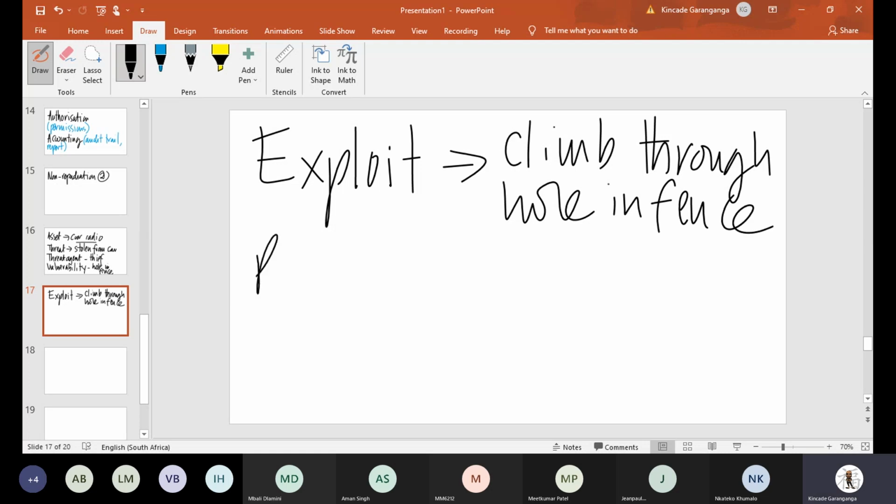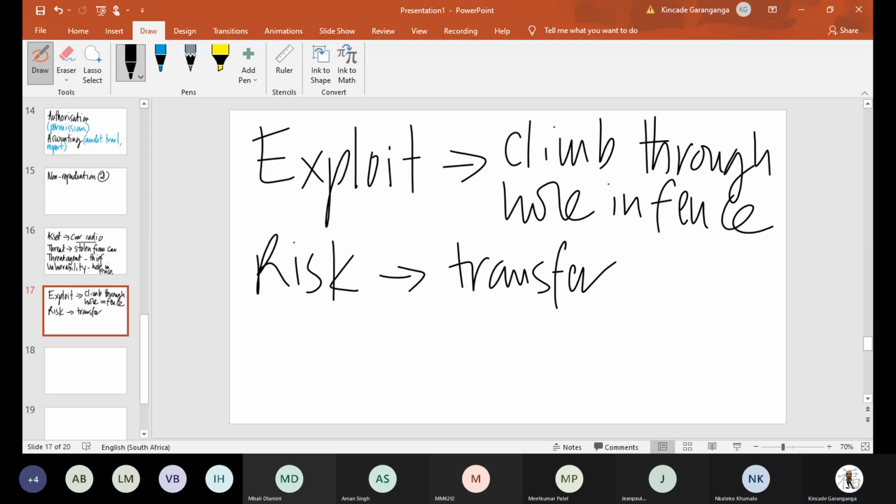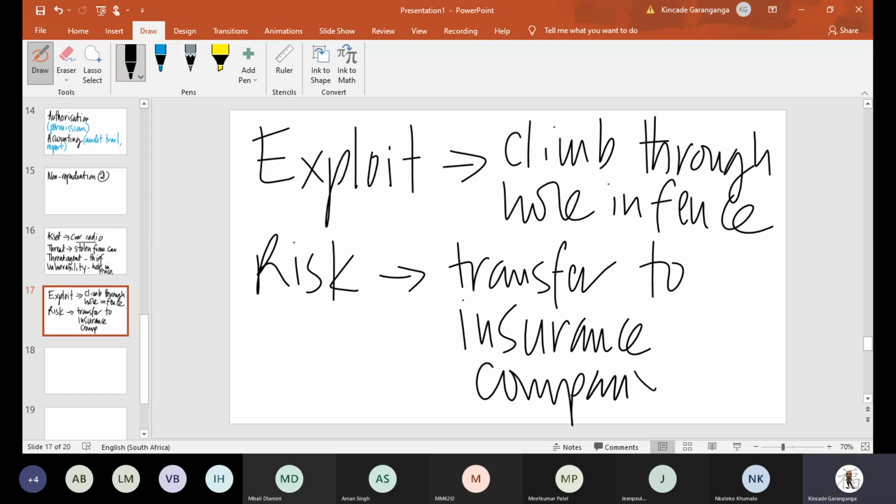And then what is the actual risk associated in this environment? This we can transfer to the insurance company, because we've anticipated that possibly my car radio can be stolen, right? So I'm going to insure it as a typical example. So transfer to insurance company, right? Good to go.